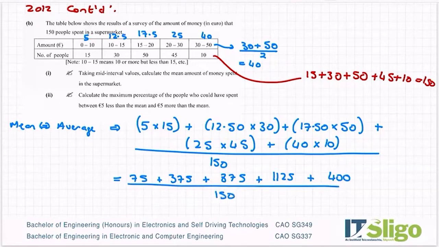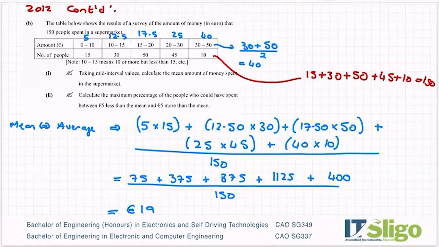Okay, so let's add them up and divide by 150. I'll do it all together here now, plus 375 plus 875 plus 1125 plus 400, all over 150. And I'm getting €19 for the mean value spent.